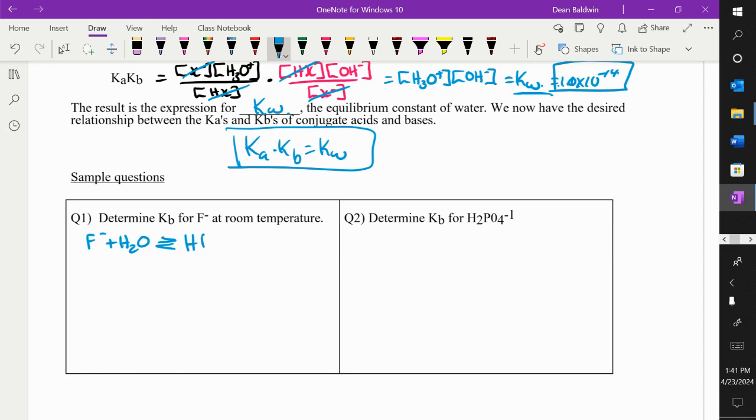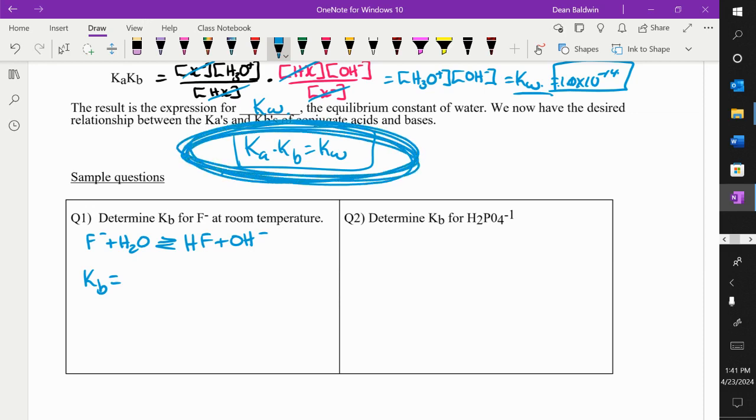I get HF plus OH minus. So it's acting as a base. So we can calculate the Kb. What's the formula for Kb? If I divide the Ka off, I get Kb is equal to Kw over Ka.